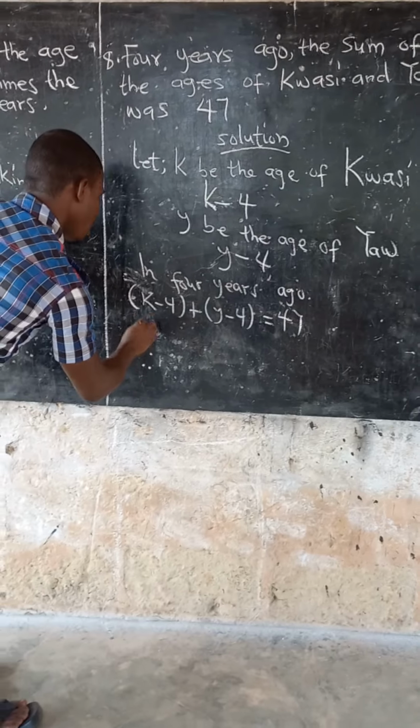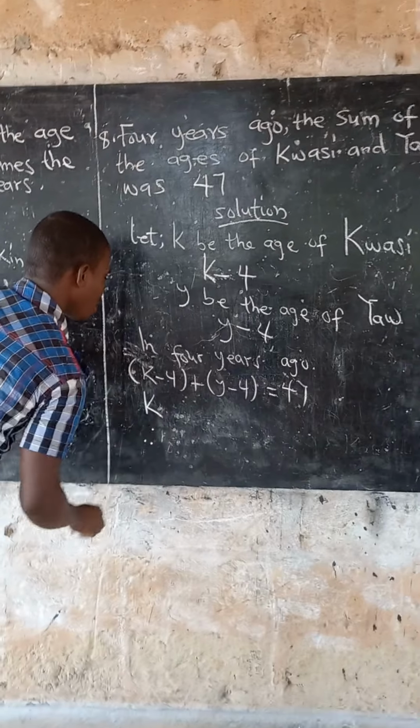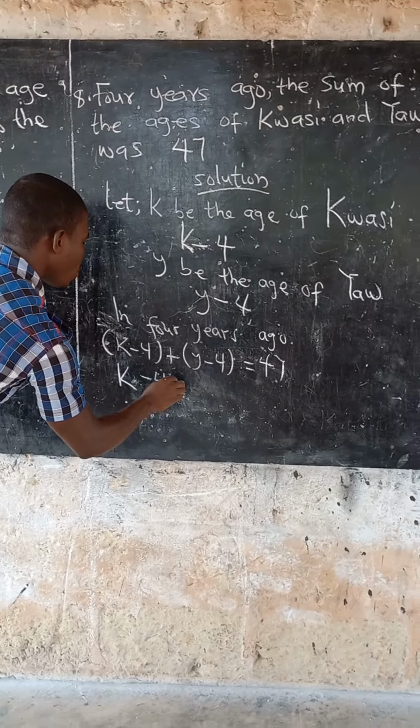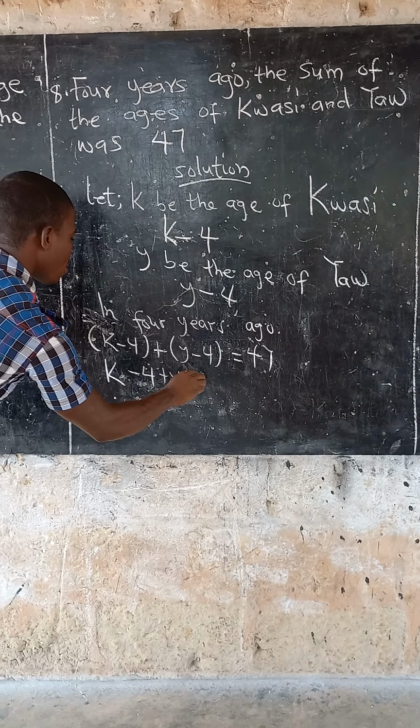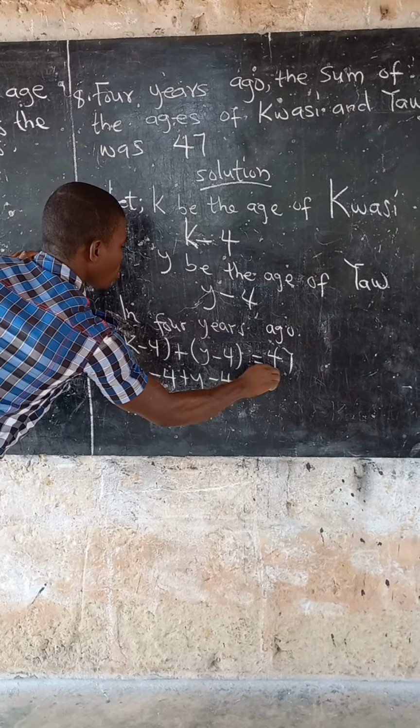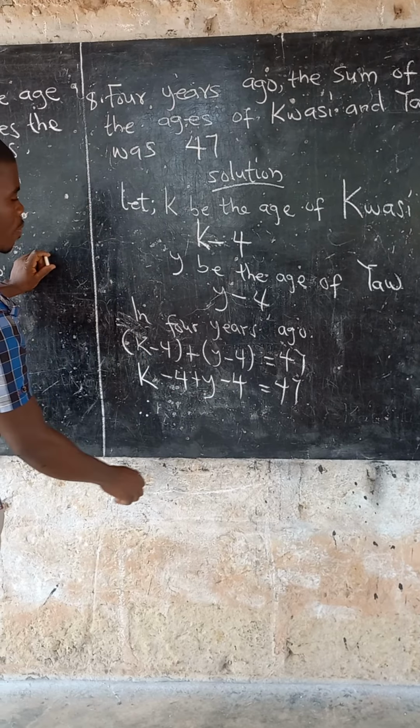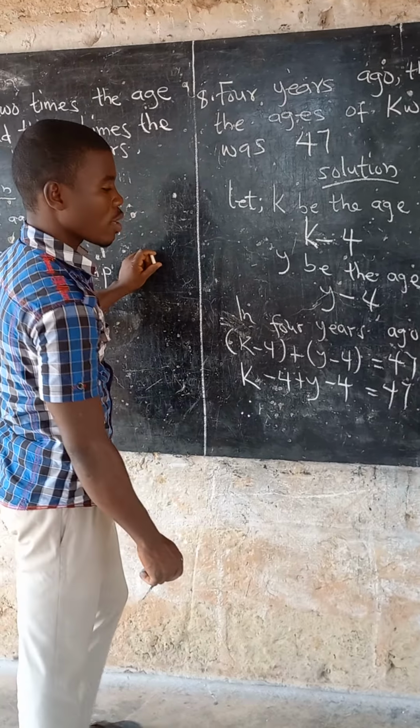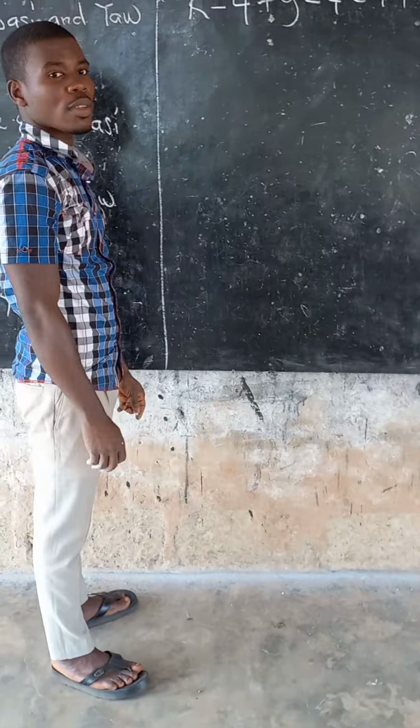So we have K minus 4 plus Y minus 4 is equal to 47.